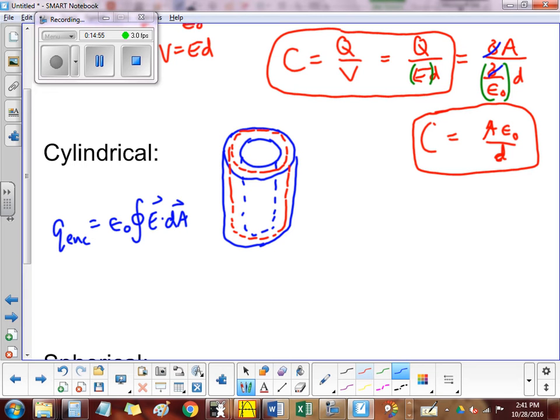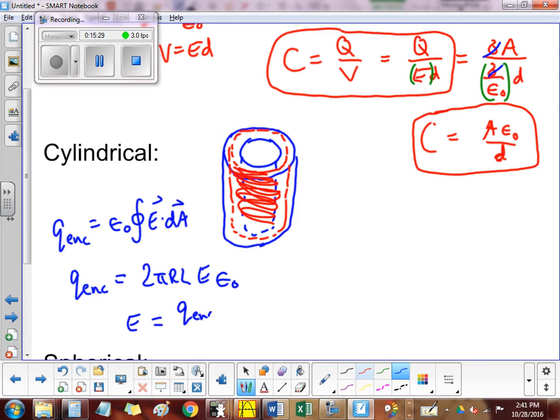We got for the surface area 2 pi RL. It's like a rectangle. And the E is constant no matter where you are on the shell part, so the E pops out of the integral, and you end up with a dot product of 1 again, since the cosine theta is cosine 0, and then there's an epsilon naught. So we didn't go through it carefully, but this is what we had the last time we did this exercise. And now we're going to take this field to be Q enclosed.